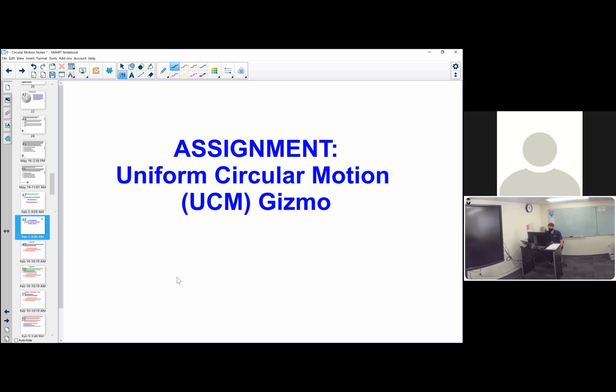Airplane banks and makes a wide circle. Draw a force diagram for a head-on view. Do you want FT for thrust or F? You can use whatever you want.